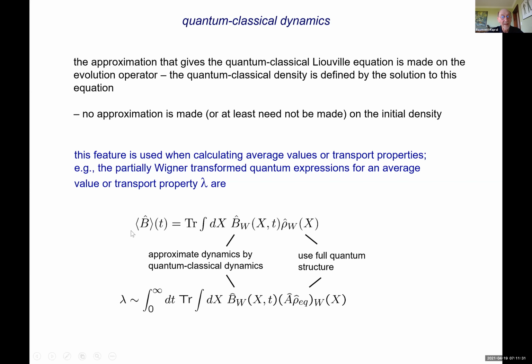In fact, in actual applications of this method, we always attempt to deal with the full quantum equilibrium structure or initial density and only approximate the dynamics through quantum classical Liouville dynamics. And so this actually provides much better results and eases some of the problems associated with the lack of a Lie algebraic structure. But of course, it doesn't solve the issue of the dynamics. But this is an important point that I'll return to later.